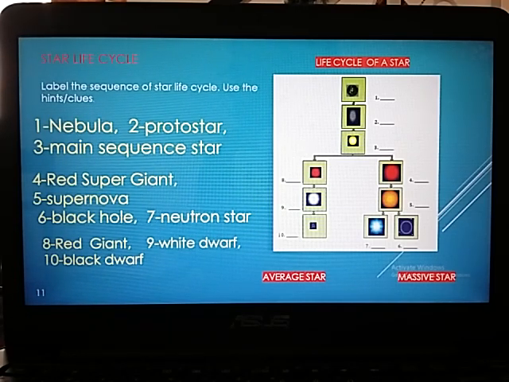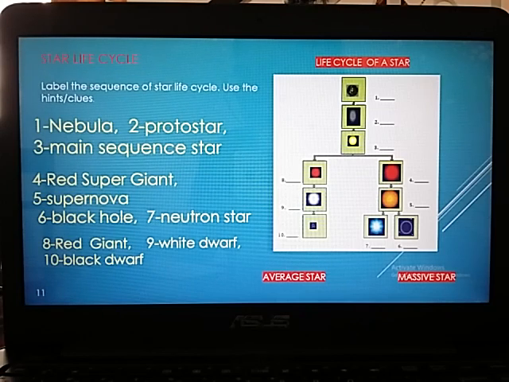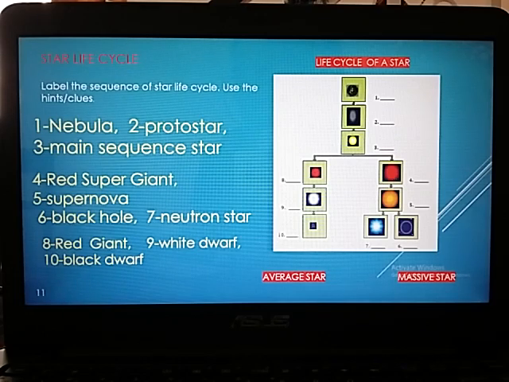And then, it cools and expands faster than low mass star. Ito, si red supergiant. The carbon fusion occurs and oxygen is formed.